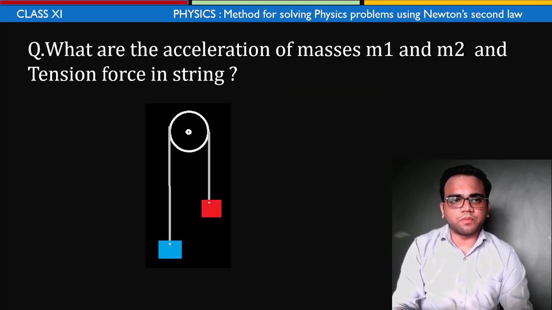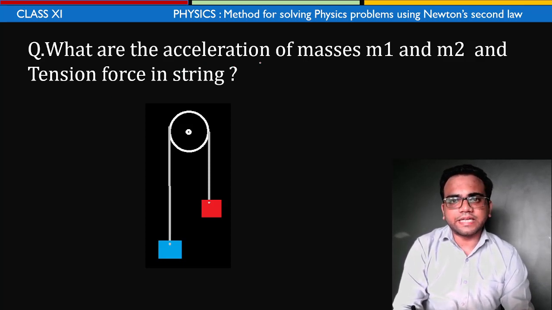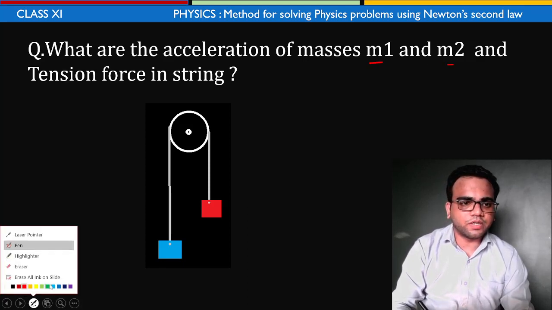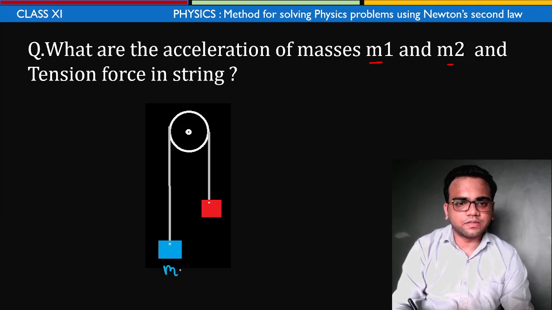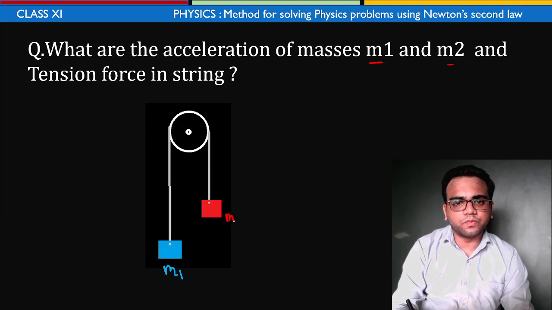So this is our problem. What is our problem? What are the accelerations of masses m1 and m2? This is your m1 and this is your m2, such that m1 is greater than m2.